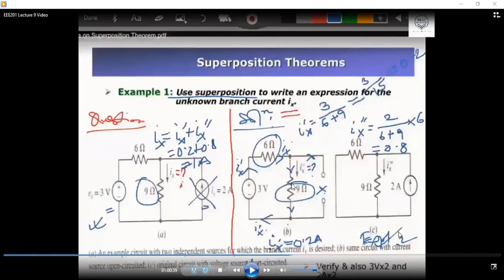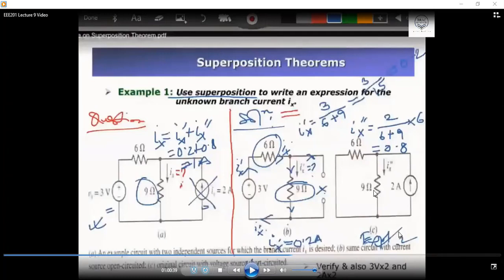This is very straightforward. In the second experiment, the current source is considered and the voltage source is deactivated. How the voltage source is deactivated, I just showed you: it is shorted. So it is shorted here, and this is the voltage source deactivated. Now you have to find the Ix in this case, which is Ix double prime, because experiment 2. This is the total current 2 ampere going, and by the current division rule the total current is going to divide into 2 parts.